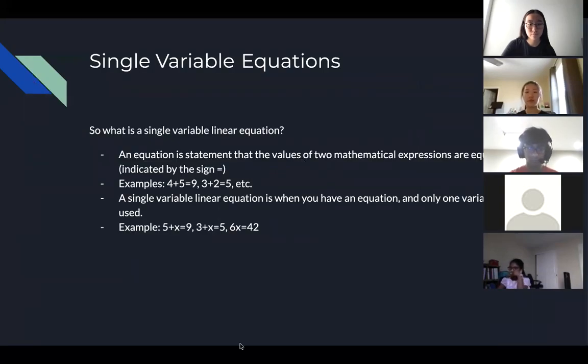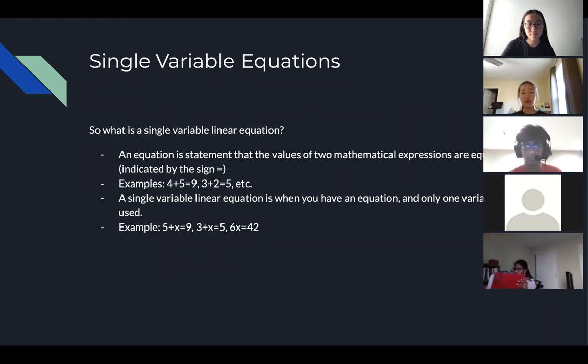Okay, so what is a single variable linear equation? An equation is a statement that the values of two mathematical expressions are equal. This is indicated by the equal sign. Some examples that you probably have seen before are 4 plus 5 equals 9, 3 plus 2 equals 5.